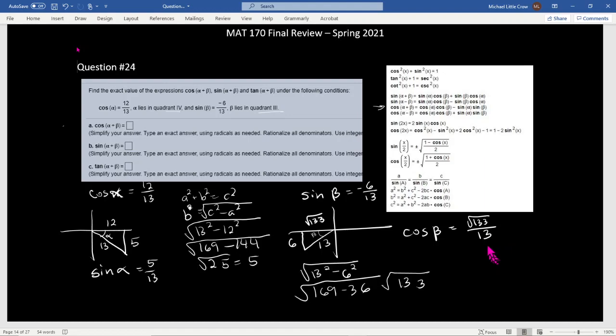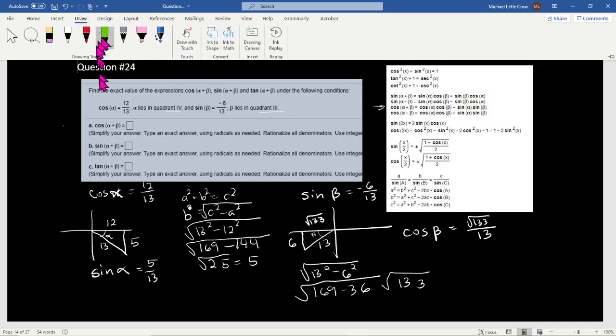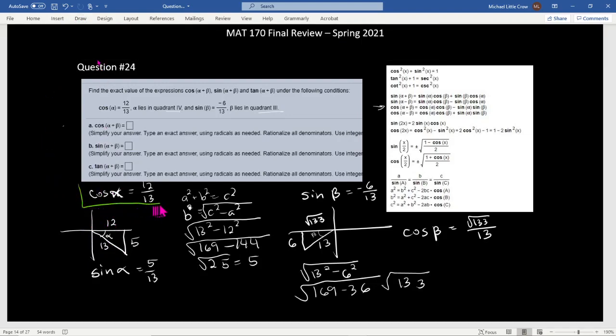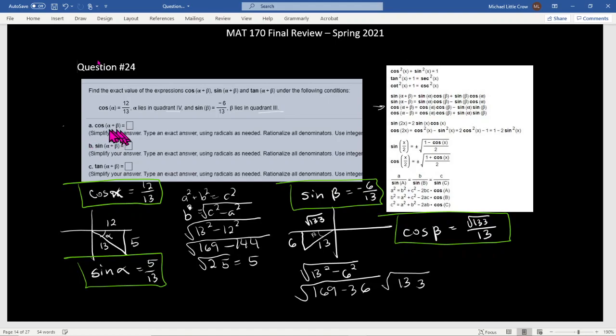Okay, so now we just put all of this together. We've got this value, got this value, and then we're going to come back. So what is cosine of alpha plus beta? Cosine of alpha plus beta is cosine cosine minus sine sine. Okay, cosine cosine.